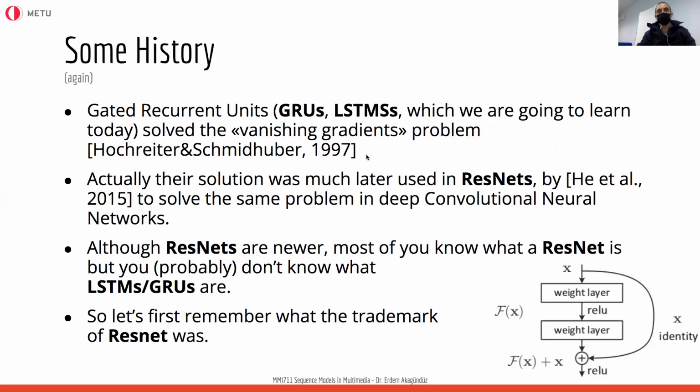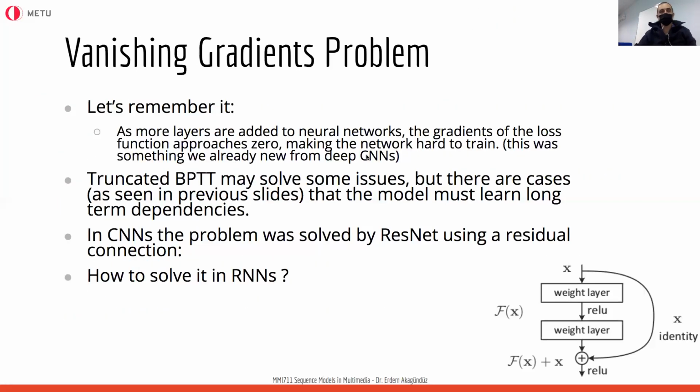The residual network was proposed by Kaiming He, a famous guy in Microsoft China, in 2015. Remember, in 2012, there came AlexNet. In 2014, there came GoogleNet, also called Inception, and VGG 16 and VGG 19.